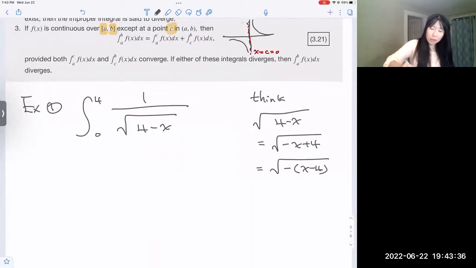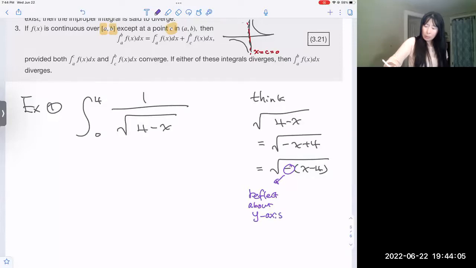So what is it telling us by transformation? Just what we learned in pre-calculus transformation. What is it telling us? It kind of flips on the y-axis. Yeah, reflect about the y-axis, right? Yeah. Okay, very good.